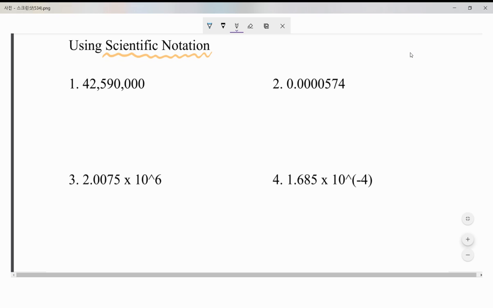For example, 650 million. That's a very big number. This can be written in scientific notation as 6.5 times 10^8, because the decimal dot is here: 1, 2, 3, 4, 5, 6, 7, and 8. 8 spaces. That's why it's 8. So this is a way you can make it smaller, basically.